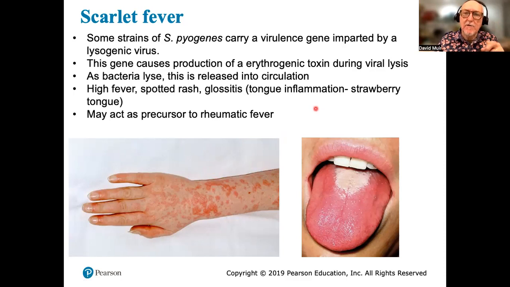But there's a really dangerous aspect to this, and that is that the bacteria also contain a protein called M protein, which is very, very similar to endothelial proteins in human beings. And if the immune system reacts against the bacterial M proteins, they can set up an autoimmune disease called rheumatic fever.